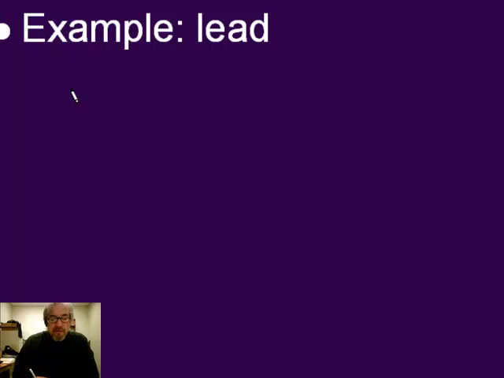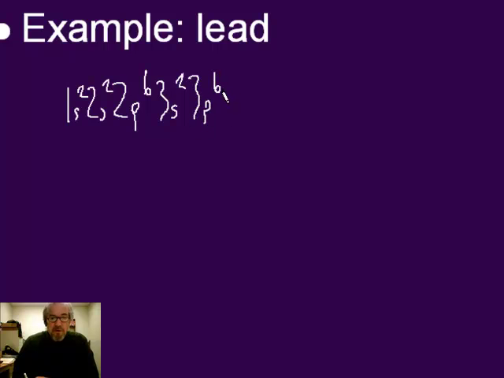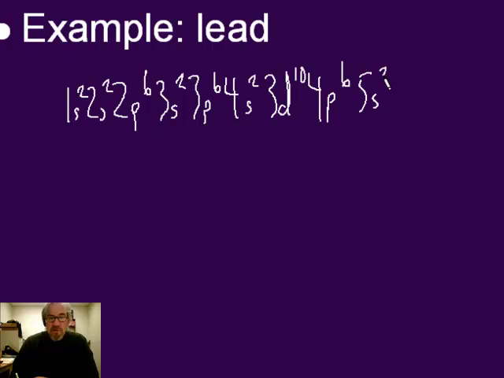Another example is lead. When we did the electron configuration for lead, we had a pretty long list. It was 1s2, 2s2, 2p6. Third row is 3s2, 3p6. Fourth row is 4s2, 3d10, 4p6. The fifth row is 5s2, 4d10, 5p6.